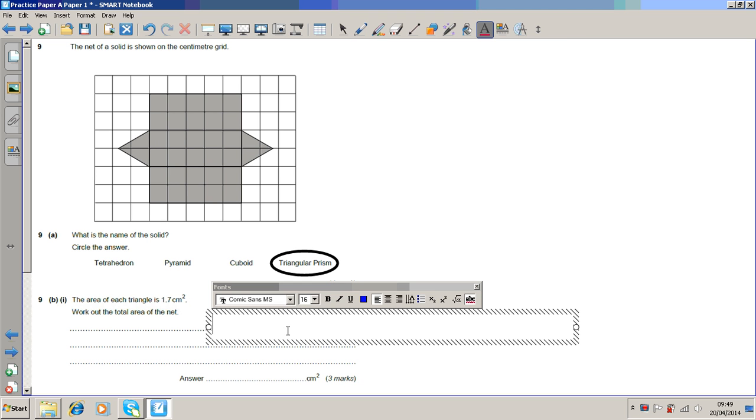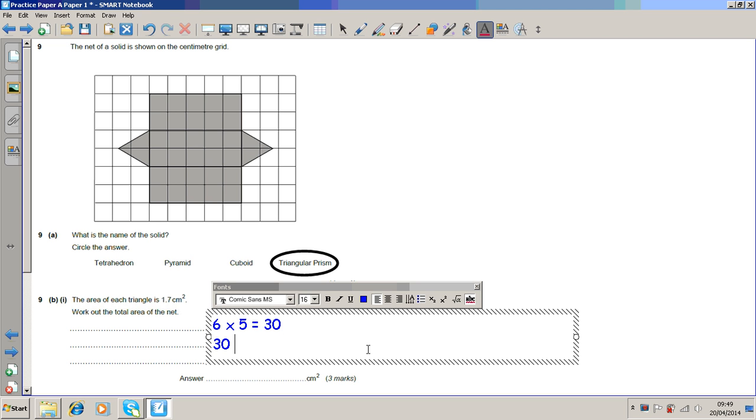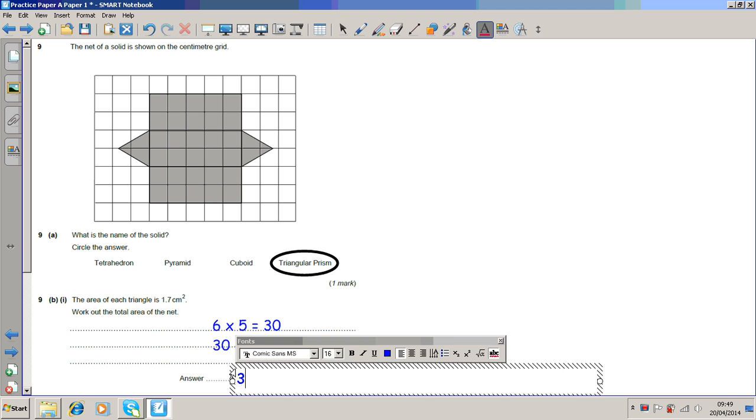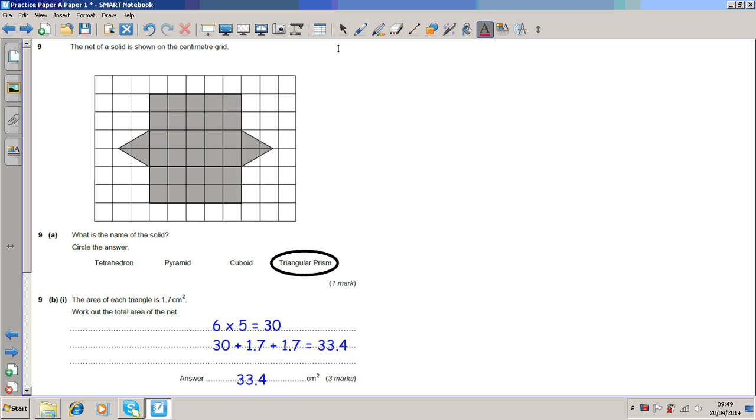So the total area of the net will be 3 marks. I'm going to put down 6 lots of 5 equals 30. And then 30, add 1.7 for one triangle, add 1.7 for the other triangle, is 33.4. So the answer is 33.4.